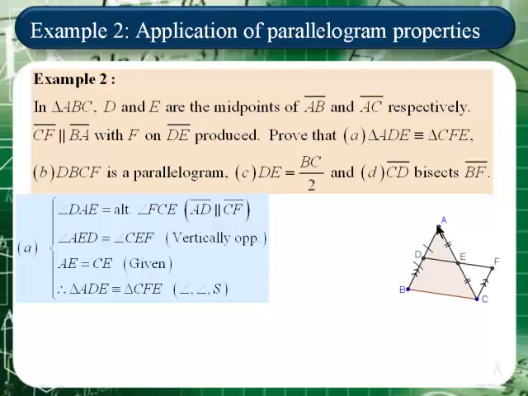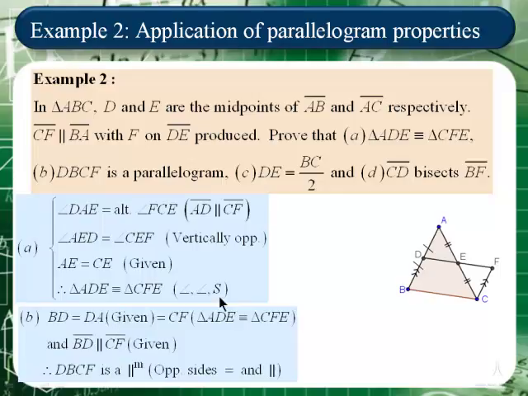Furthermore, angle AED is equal to angle CEF because they're vertically opposite, and furthermore it's given that AE is equal to CE. So therefore the two triangles will be congruent because two angles and a side in each one are equal. So that proves the first part.